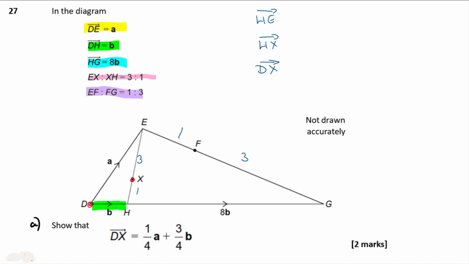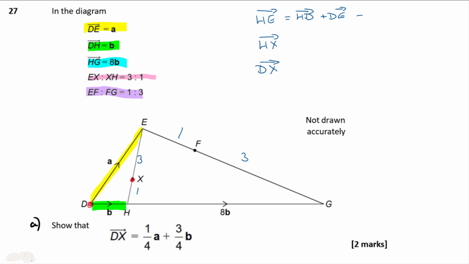Let's execute the plan. Right, H to E, if I want to go from H to E along vectors that I know about, I can go from H to D along that green line, and then I can go from D to E along that yellow line. So vector H to E is the same thing as H to D plus D to E. And that is equal to minus B plus A, which you could write as A minus B, probably a little bit neater.